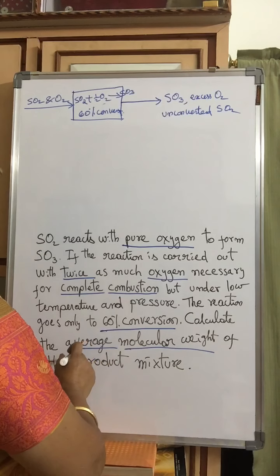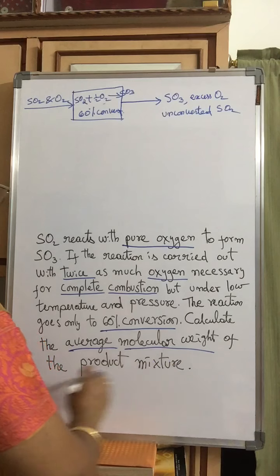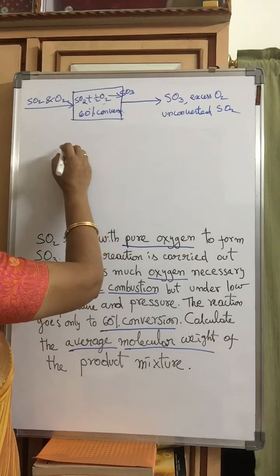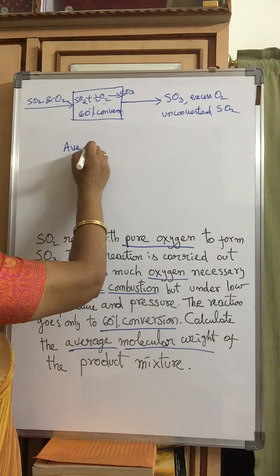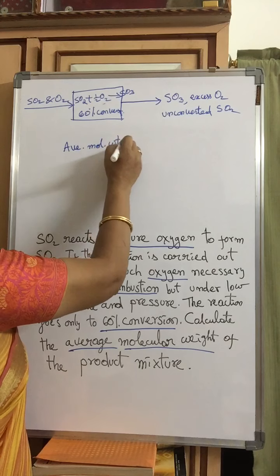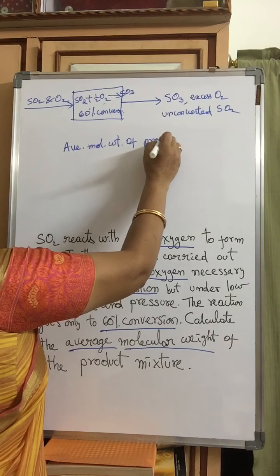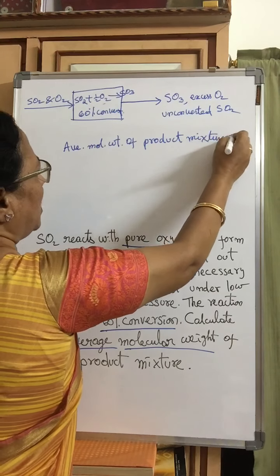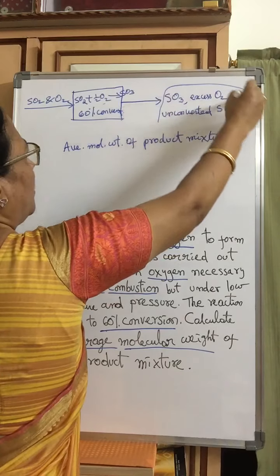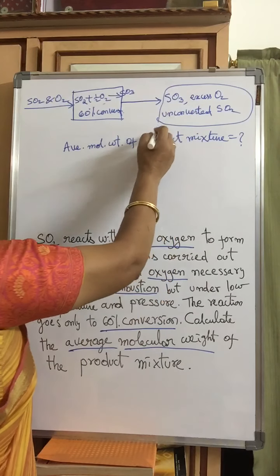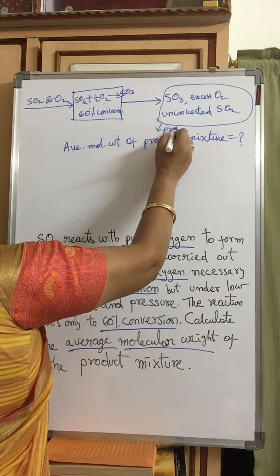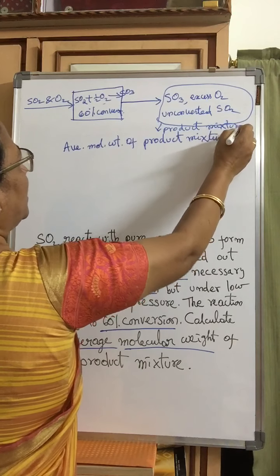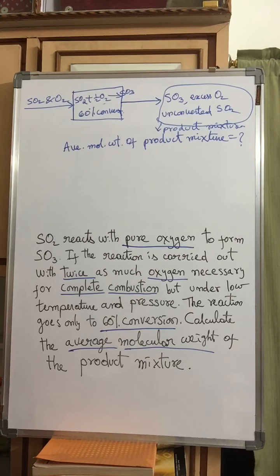Now the question is to calculate the average molecular weight of the product mixture. First we shall plan how to work out the problem. What is the average molecular weight of this product mixture, and how do we calculate it?